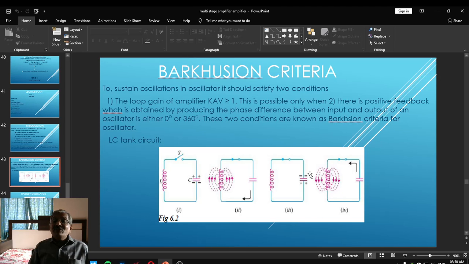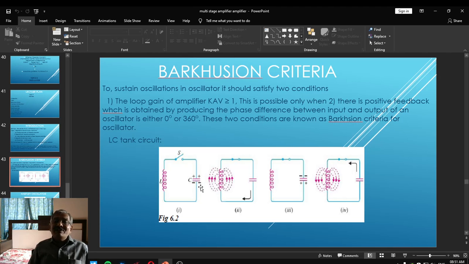That is opposite to that of this one, meaning lower terminal negative and upper terminal positive, because of the reverse direction collapsing of the magnetic field. This will continue till the capacitor is again fully charged and we get the beginning condition. That is, the upper terminal of the capacitor is positively charged and the lower terminal is negatively charged.